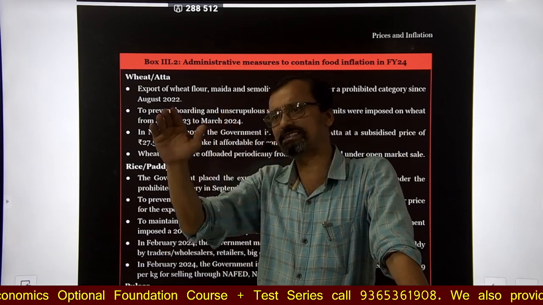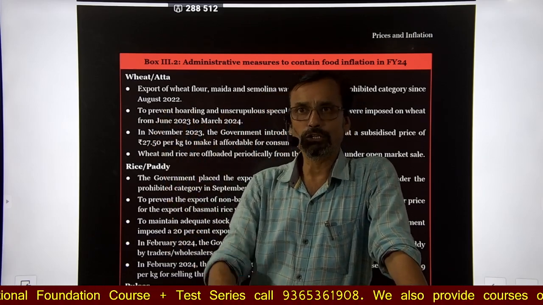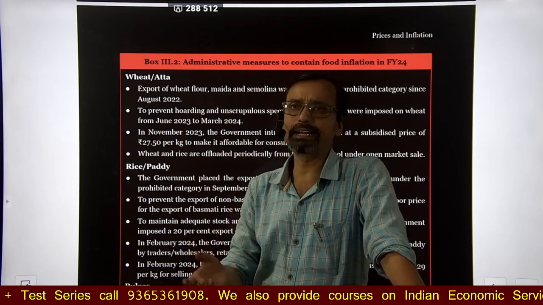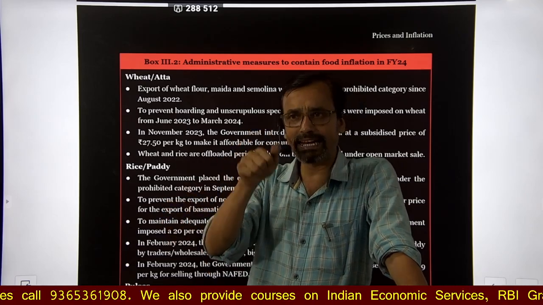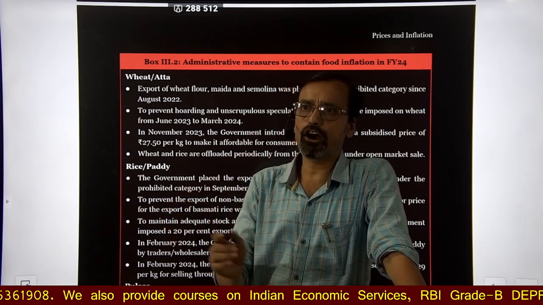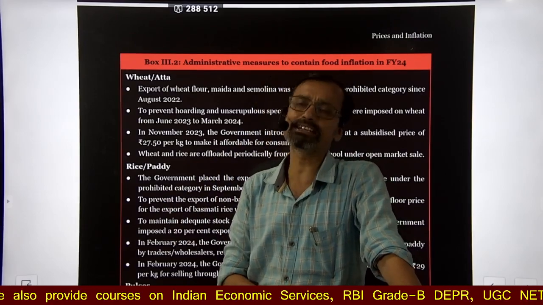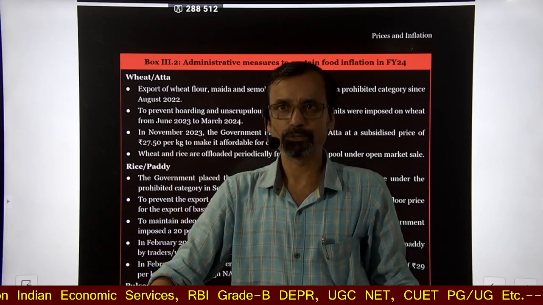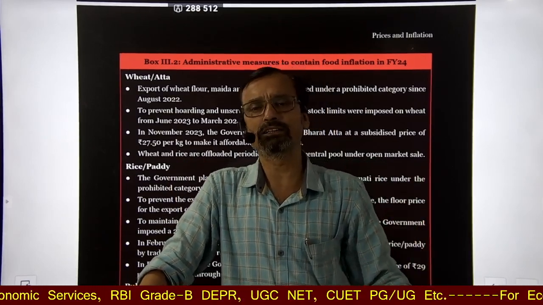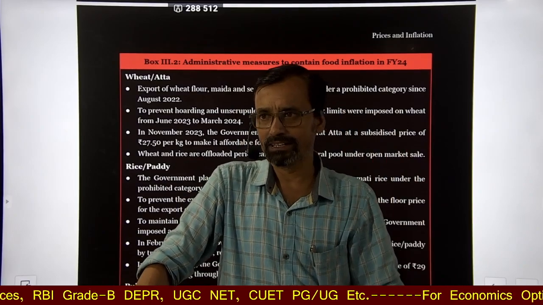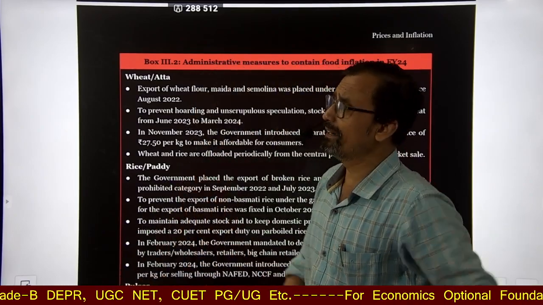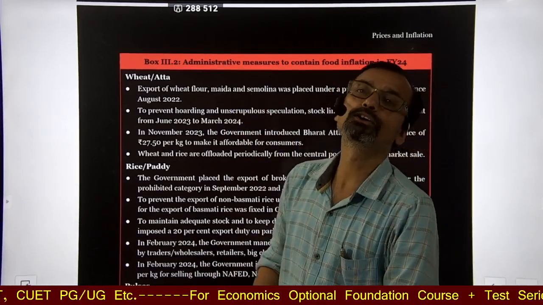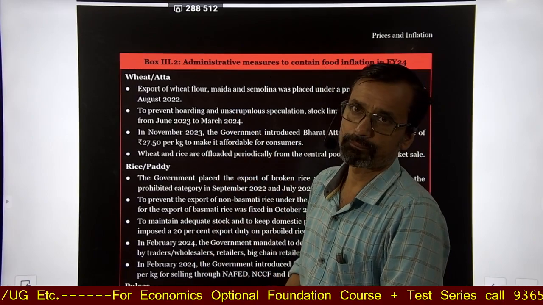Due to supply chain disruptions, no economist can control it directly by managing aggregate demand through fiscal policy and monetary policy. So we need to apply administrative measures here. That is why various administrative measures were taken by the Government of India to counter this inflation.